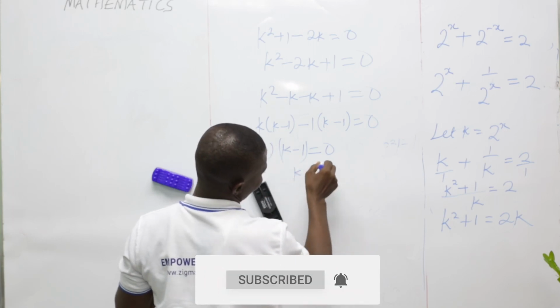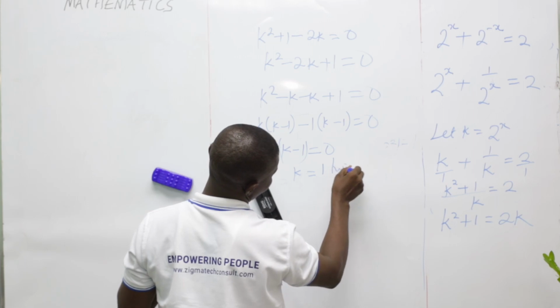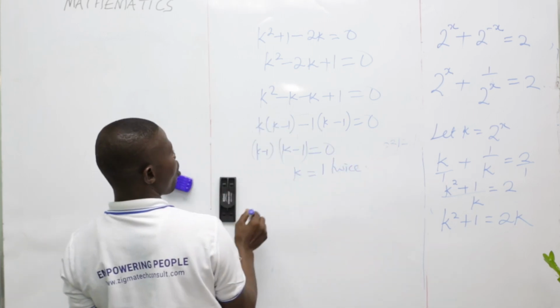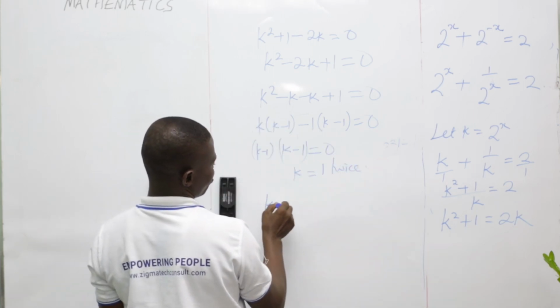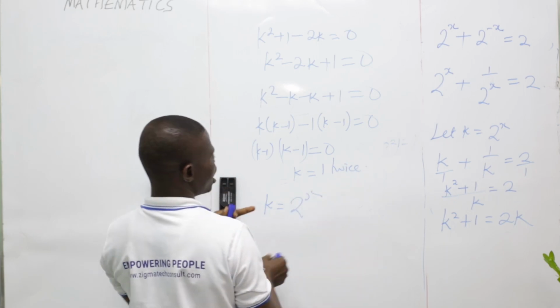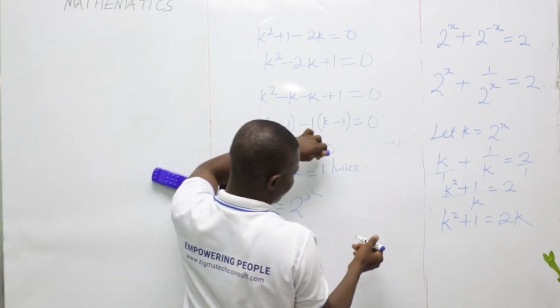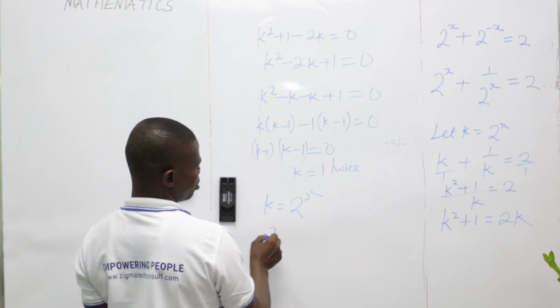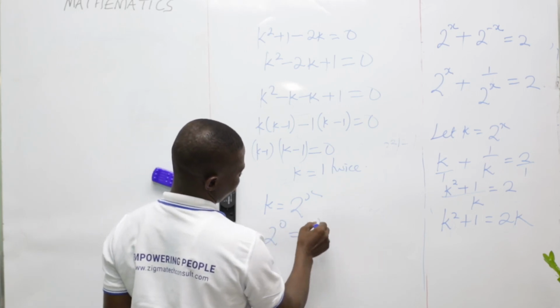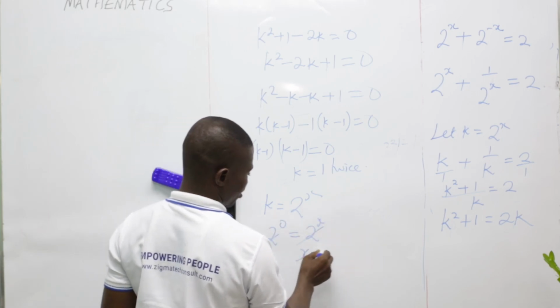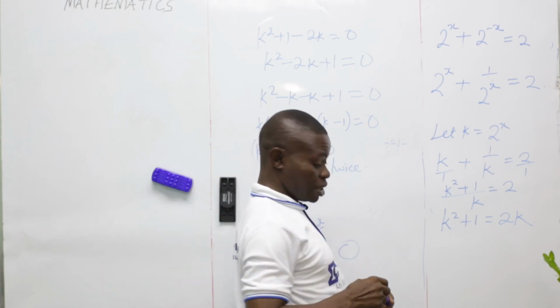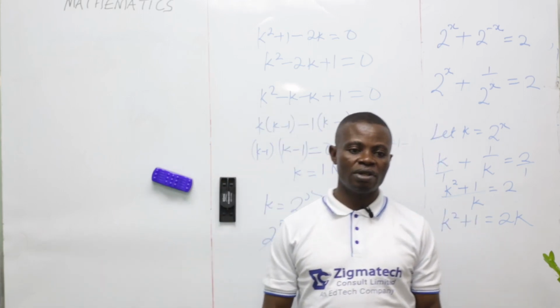So k equals 1 twice. Now you have it twice. Recall you said let k equals 2 power x. In indices, what do you raise to return 1? It is 0, meaning 2 power 0 equals 2 power x. Cancel, cancel. x equals 0. This marks the end of this lecture.